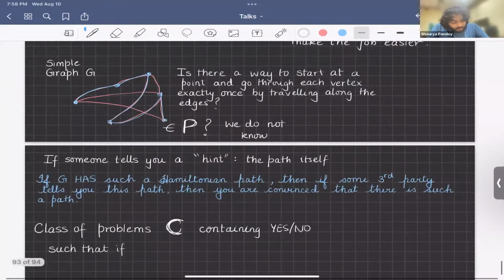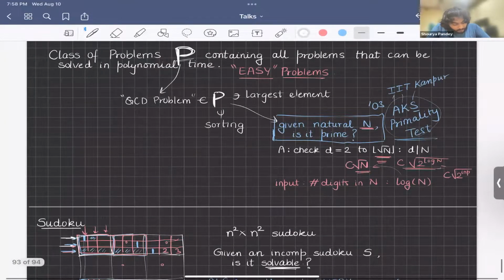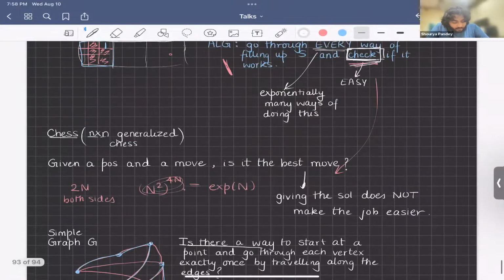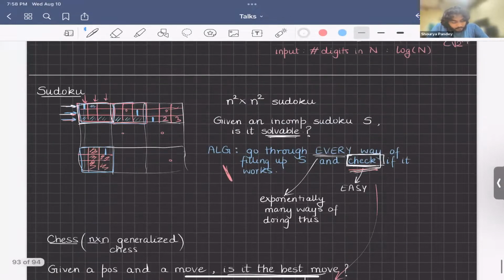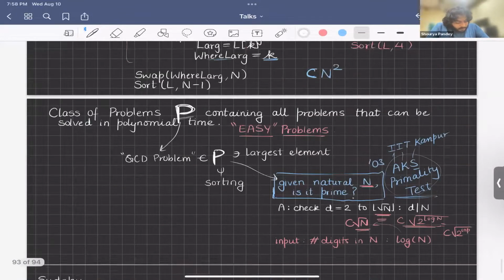For example, this was a yes-no problem: is there a way? Is it the best move, or is it solvable?